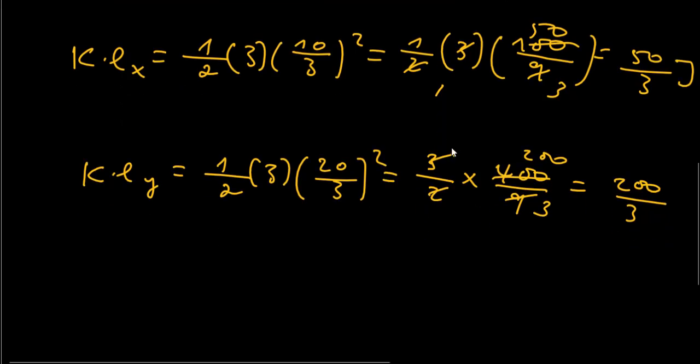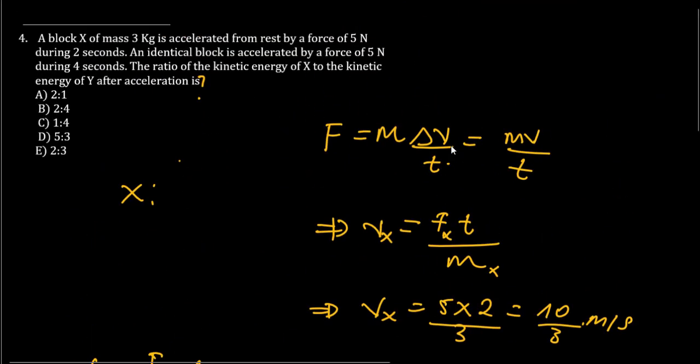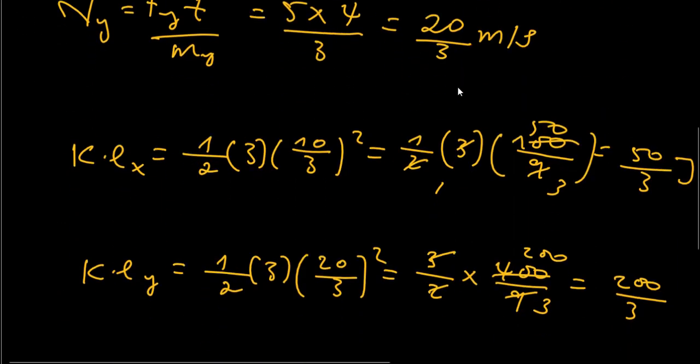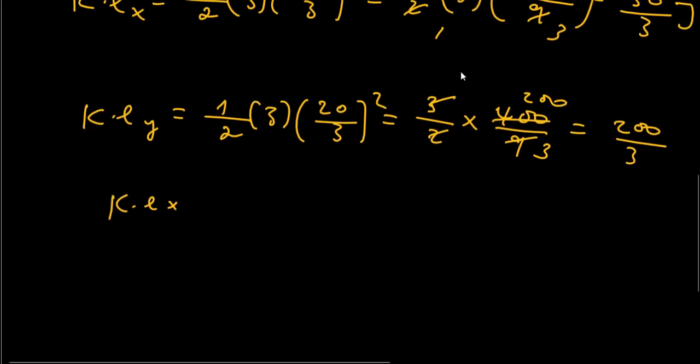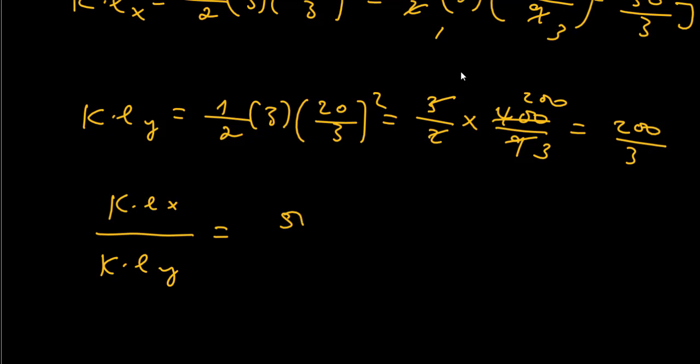From there we have to calculate the ratio of the kinetic energy of x to that of y. So KE of x divided by KE of y will be equal to 50 divided by 3 divided by 200 on 3.